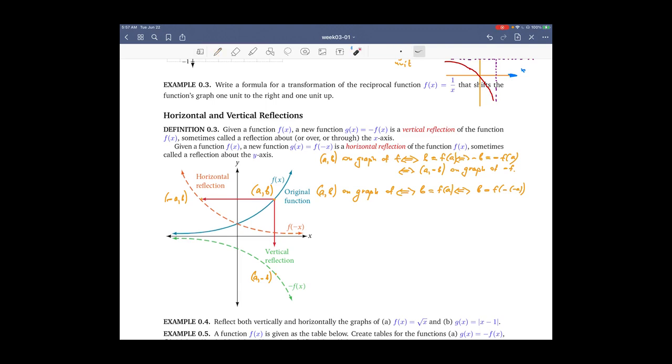Now, what does that mean? B equals f at negative a. It means that the point negative a comma b is on the graph of f at negative x. If you were to replace x here by negative a, you would have gotten f at negative a.